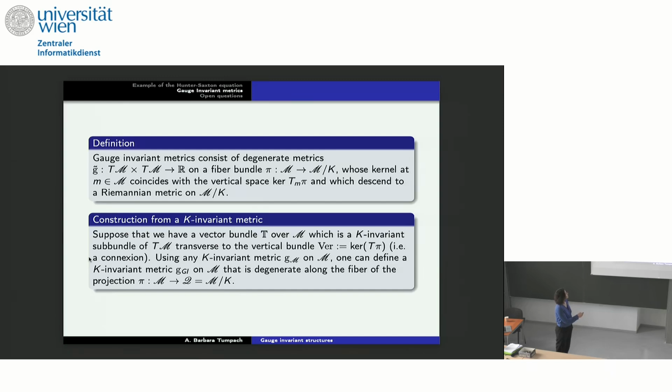On M, there is a degenerate metric, but the kernel is exactly killed by the projection. So the kernel is exactly the vertical space of this projection, the kernel of the differential of pi. And in this case, it descends to a Riemannian metric on the quotient. So that's what we call here a gauge invariant metric.